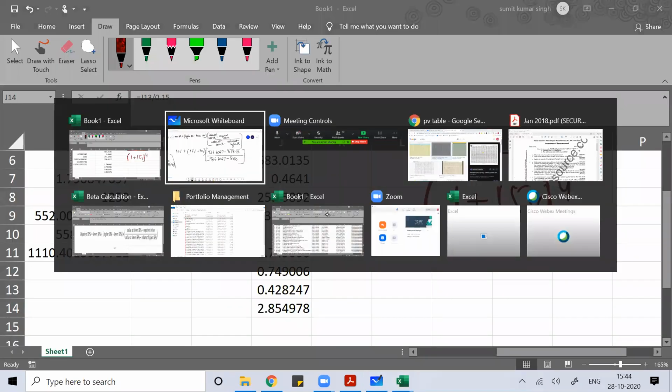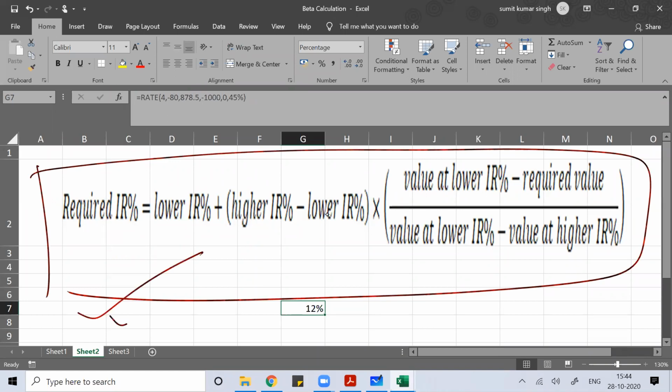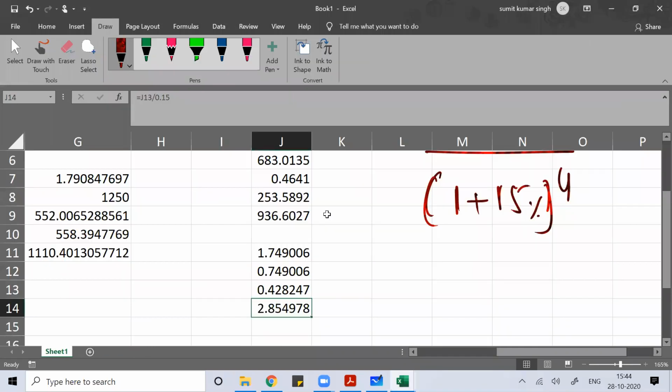This is the formula of the YTM. This is the formula I told you before also. Remember this formula. The 100% question is going to come using this formula. You just need to solve it.